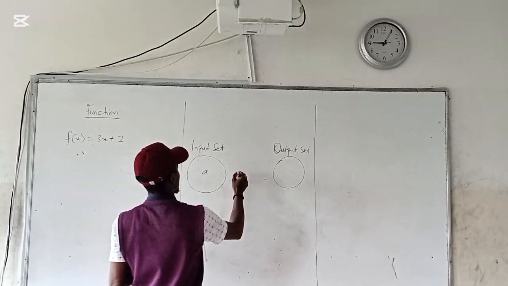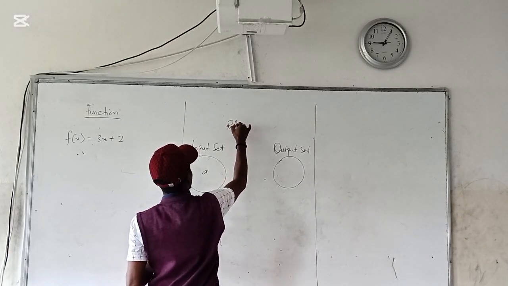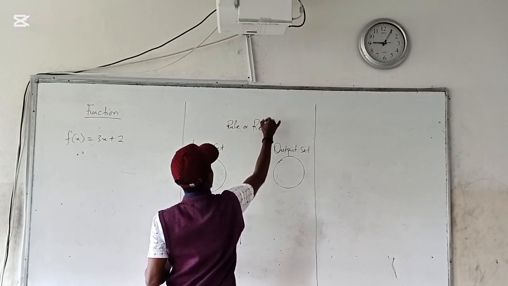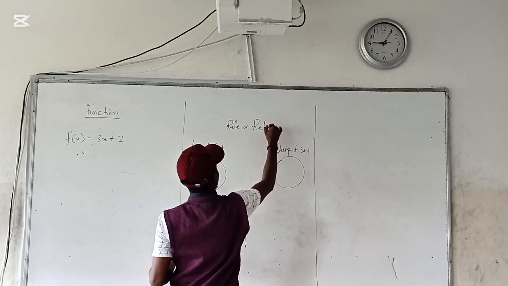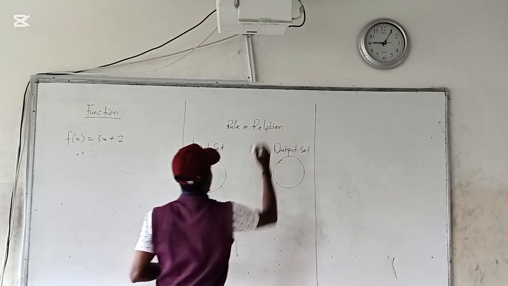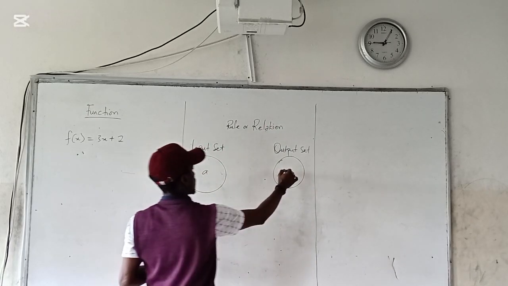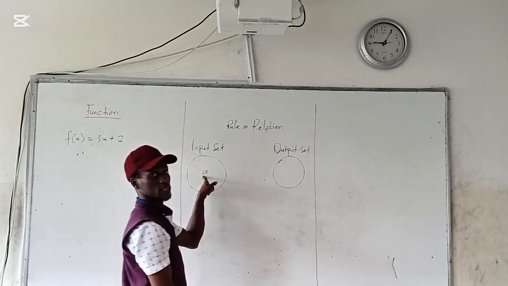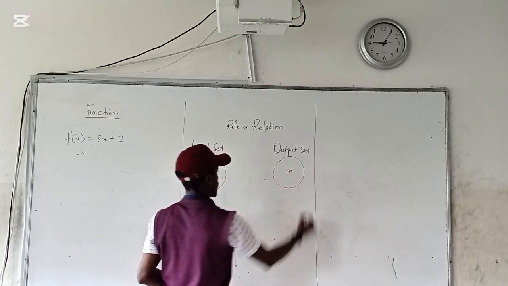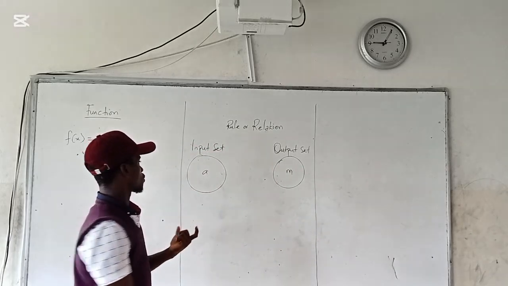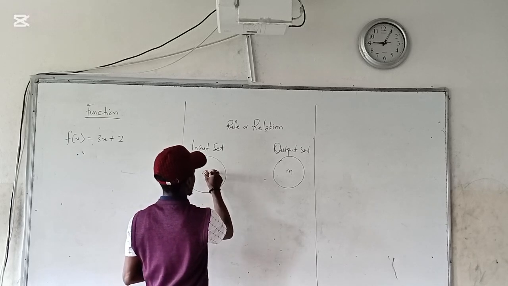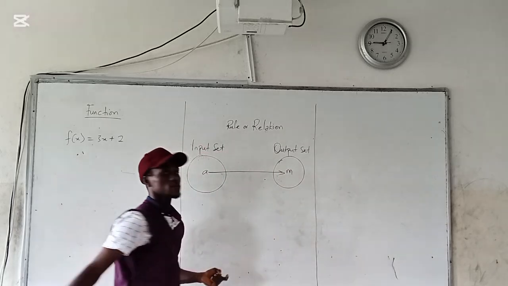Take note of that. We have a rule or relation that assigns an element. I have an element here A, let's say I have an element here M. I have a rule that assigns element A here to element M here.